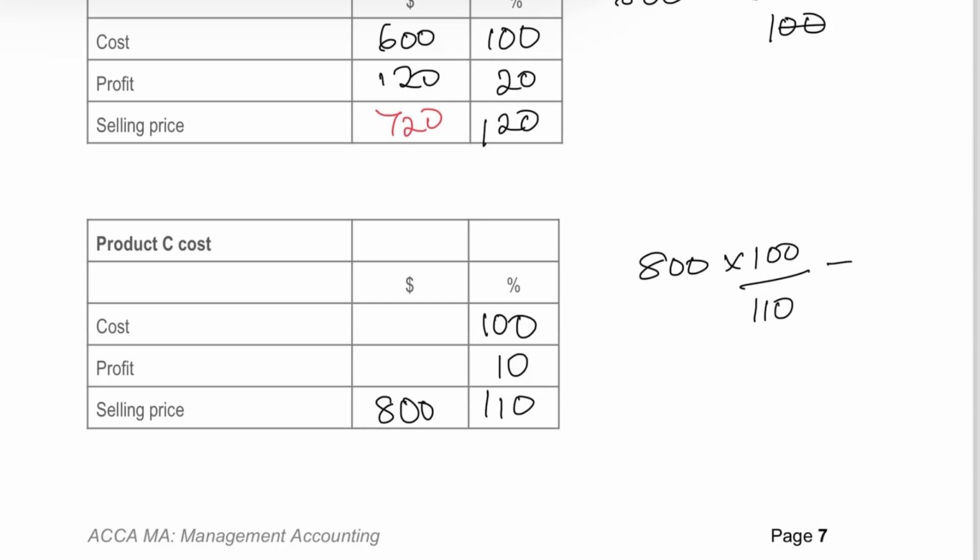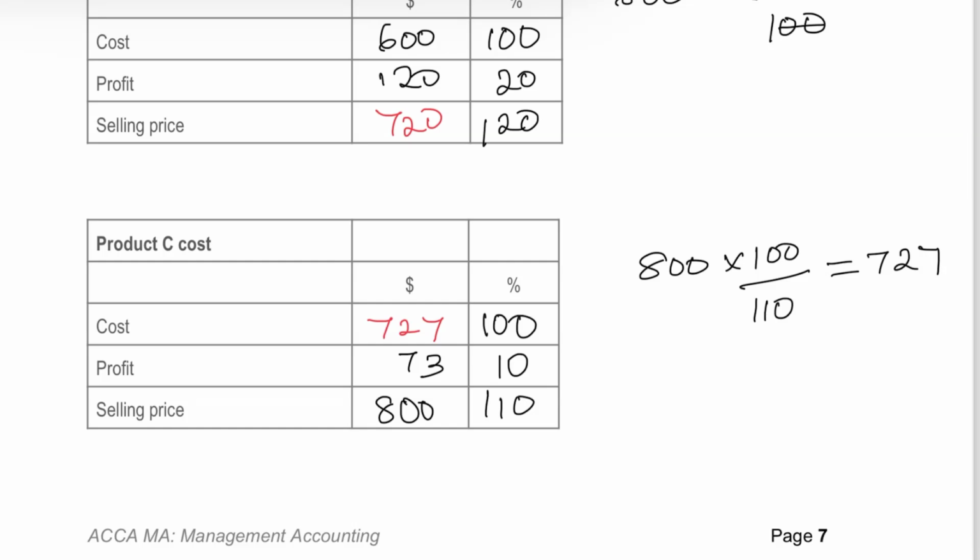So when we solve this, we will get an answer of 727. So the answer here should be 727. We add a markup of 73. Our profit is 73 to arrive at the selling price of $800.